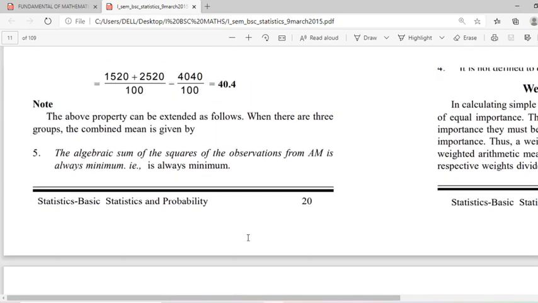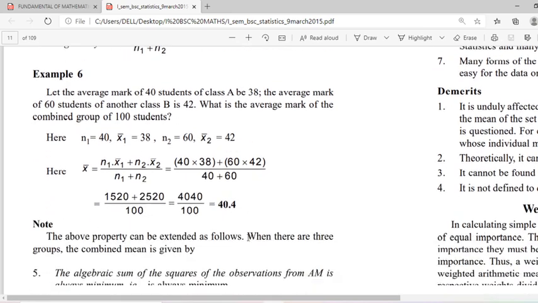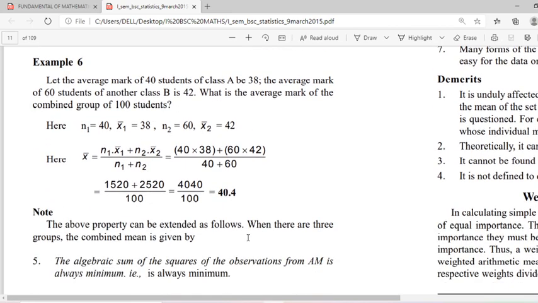And in this book you can see some examples. Let us look at example 6. The average mark of 40 students of class B is 38. The average mark of 60 students of another class B is 42. This is the example from yesterday's class. What is the average mark of the combined group of 100 students?